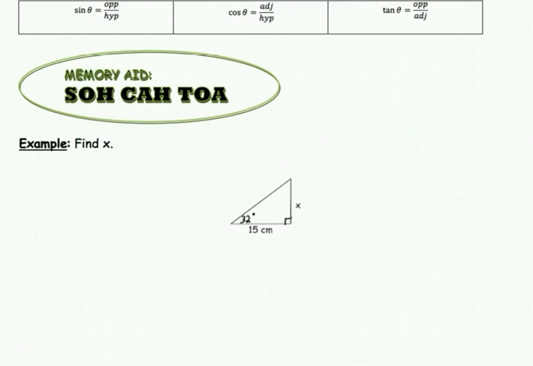So go through the steps of labeling the sides. That's the opposite, that's the adjacent, and you don't need to label the hypotenuse, but you can. From here, I'll write Sohcahtoa out again.